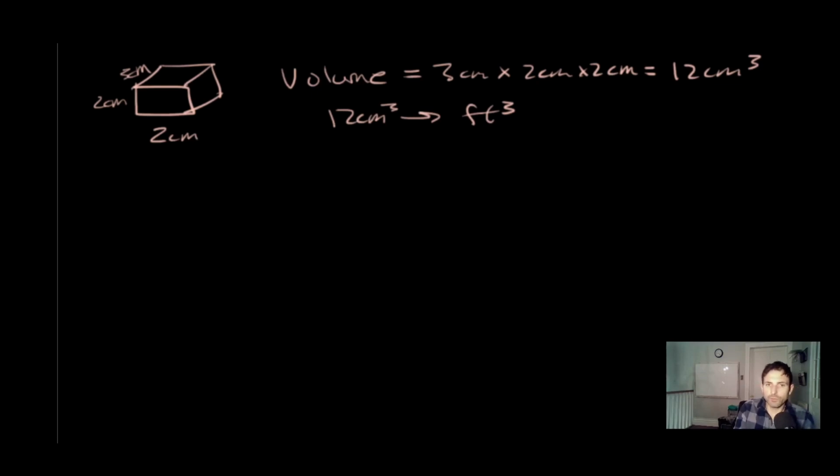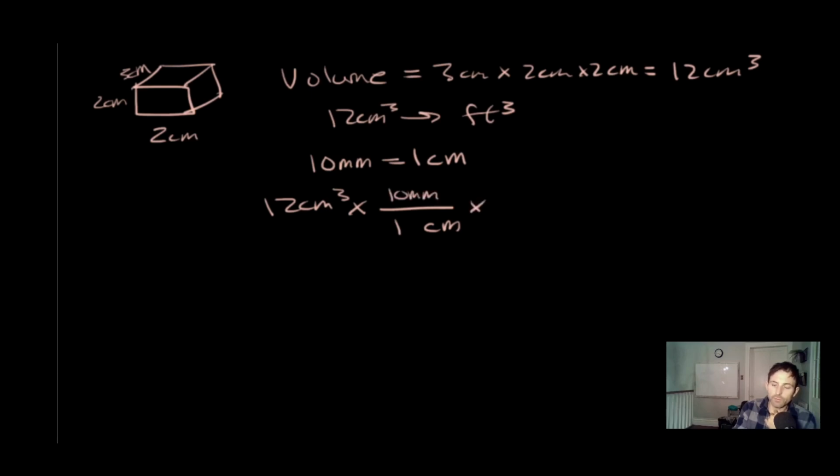So the first conversion relationship, centimeters and millimeters. There's 10 millimeters in 1 centimeter. So we've got 12 centimeters cubed times, we're going to take our centimeter down here, and then our desired is the millimeters, 10 millimeters.